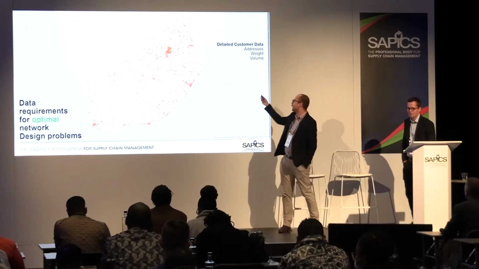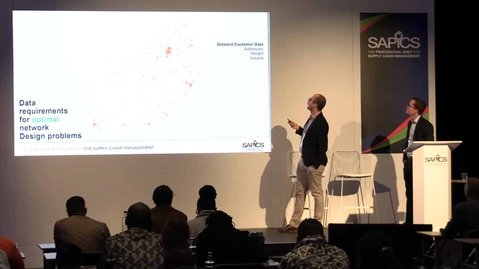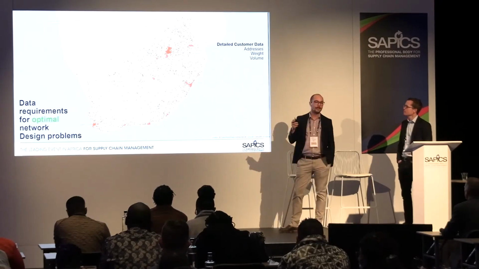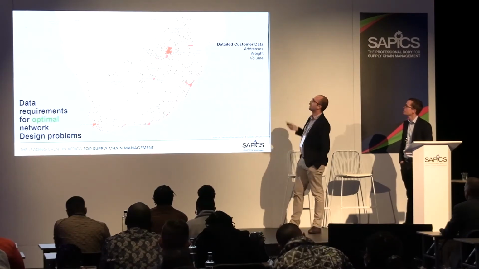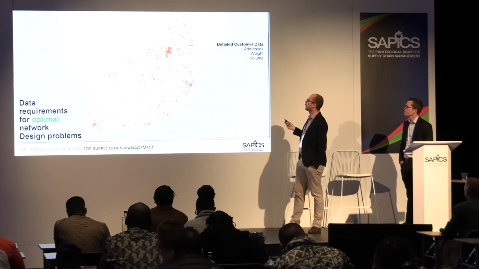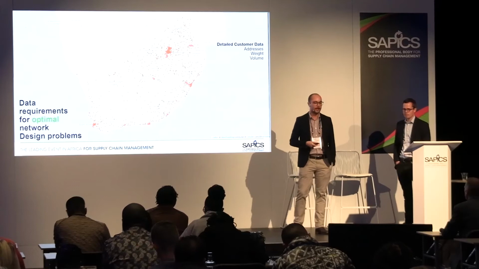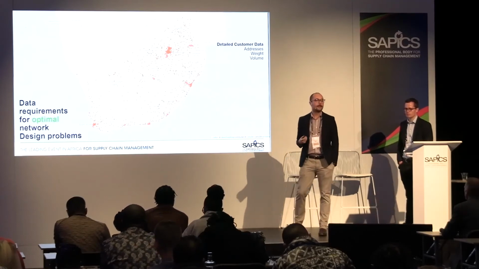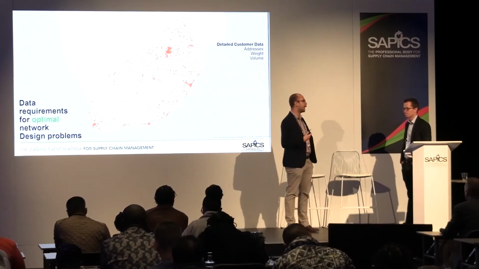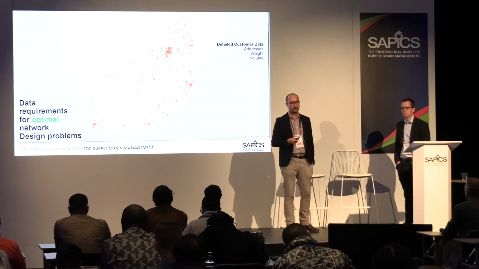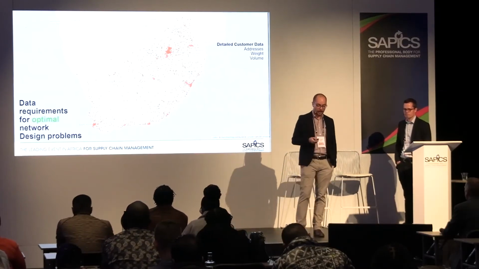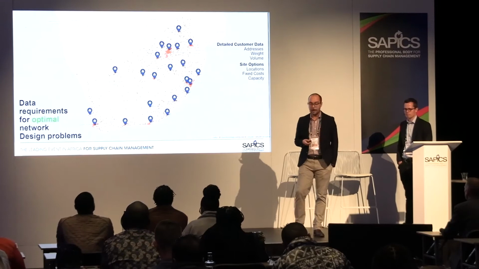And often you literally get to this step of the process and you are bogged down. If you do not have good address data, understand where your customers are, what sort of weight and volume you're shipping to them, what sort of revenue you're generating from them, you can't even begin with some of the most basic network optimization models.